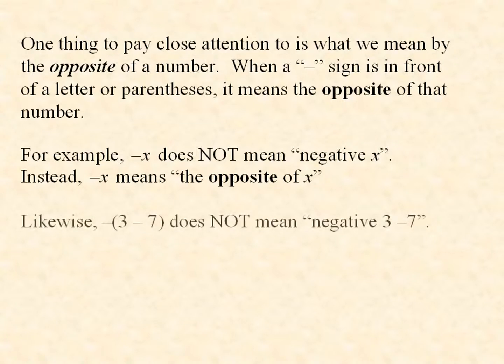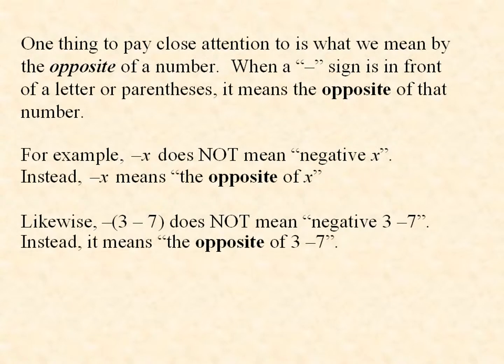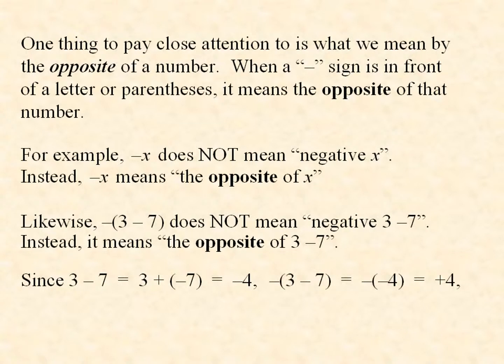Likewise, minus parentheses 3 minus 7 does not mean negative 3 minus 7. Instead, it means the opposite of 3 minus 7. Since 3 minus 7 is equal to 3 plus negative 7, or negative 4, the opposite of 3 minus 7 is the opposite of negative 4, which happens to be positive 4.